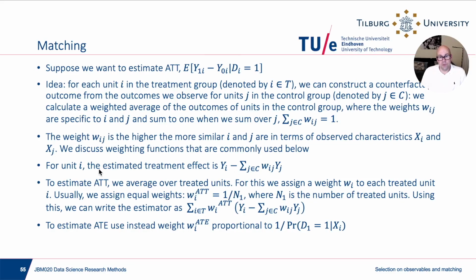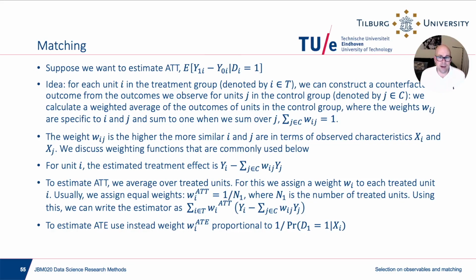So what do I need to do for that? I need to say the weight Wij should be higher, the more similar i and j are in terms of observed characteristics xi and xj. There are various ways in which one can do that. Let's keep that abstract for the moment.